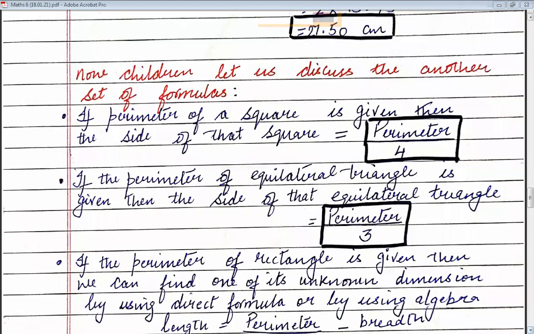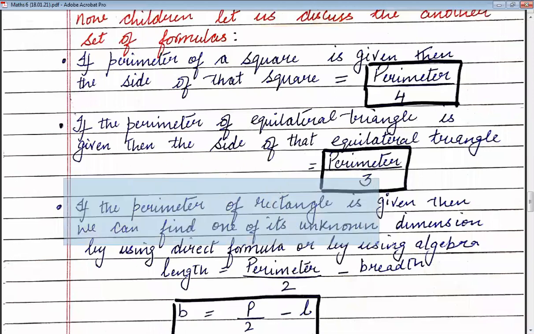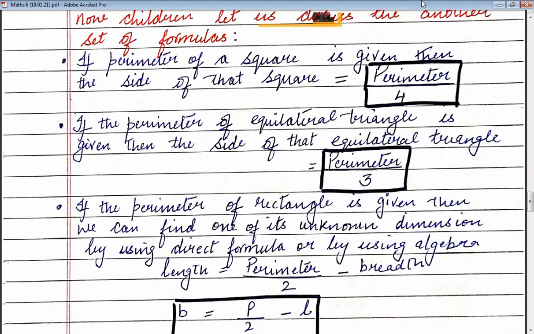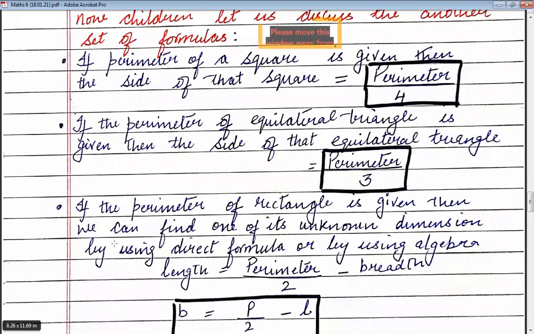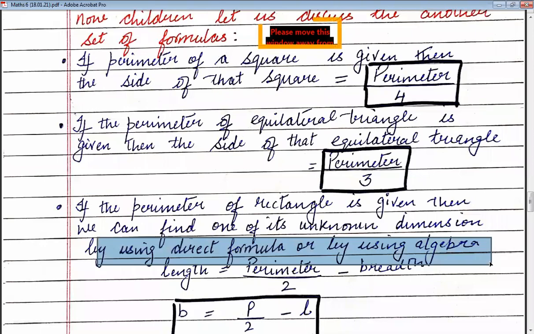Now children, if the perimeter of a rectangle is given to you, what is given to you? Perimeter, and you have to find one of its dimensions. Then children, you can find the dimension of the rectangle by using an algebra rule, or you can use a direct formula.